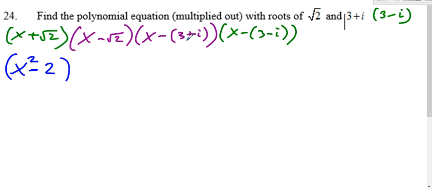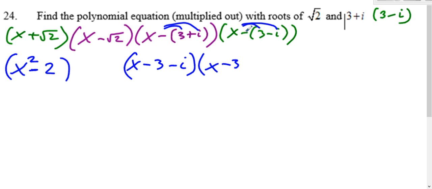Over with the imaginary roots, x minus, let's distribute these negatives. So that's x minus 3 minus i, x minus 3 plus i. There's a few different shortcuts you could use.